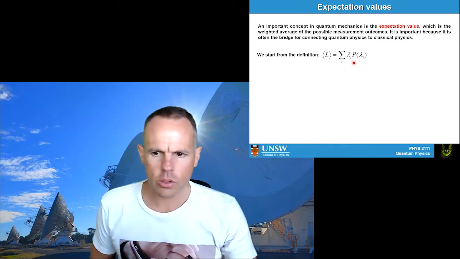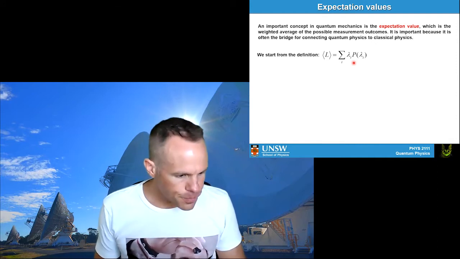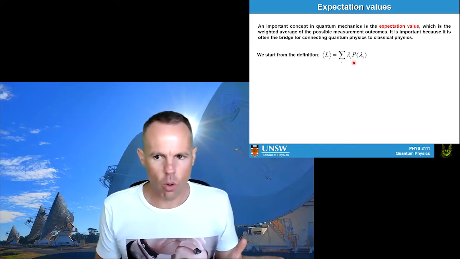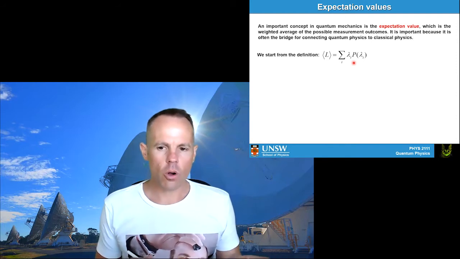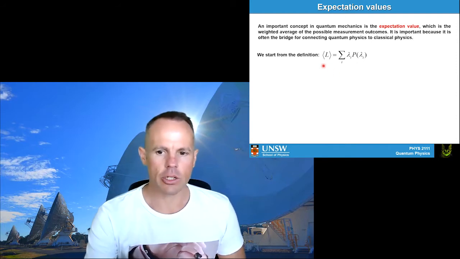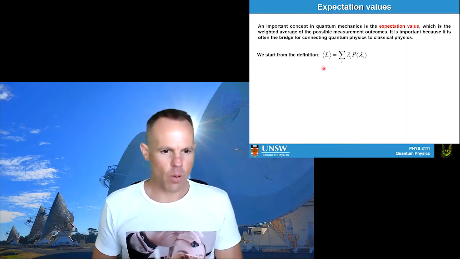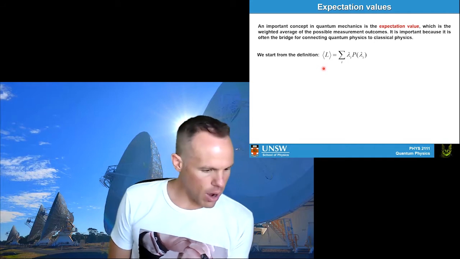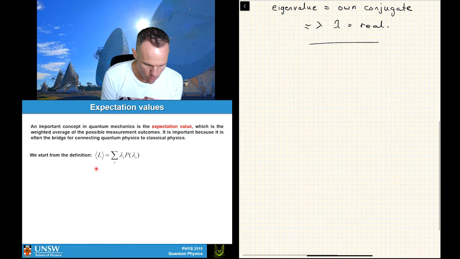Okay, so I'm going to start from this definition of what a weighted average of possible measurement outcomes is, and work my way to an alternative expression for this expectation value L, and show you how to get it in a really simple way for bra and ket notation.